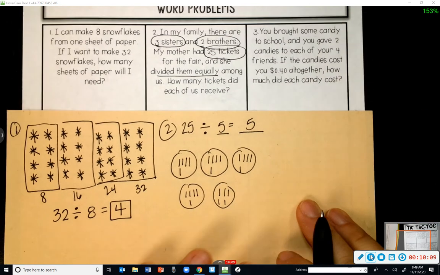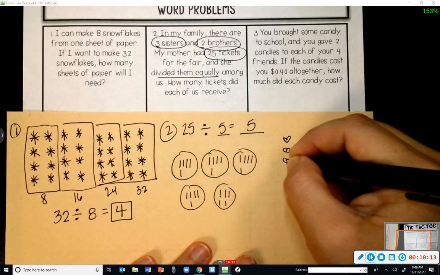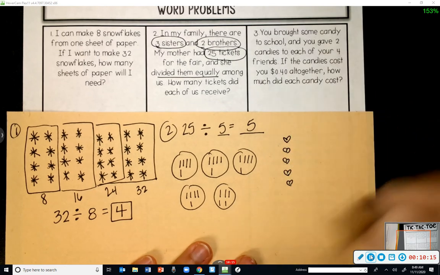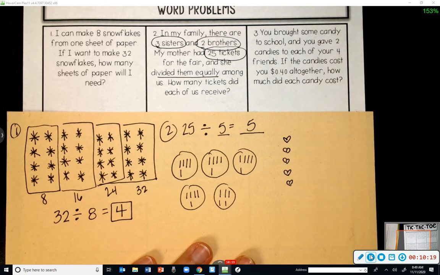Okay? If you did an array, you could have done 1, 2, 3, 4, 5. And then you would keep going down 5 until you get to what? 25.